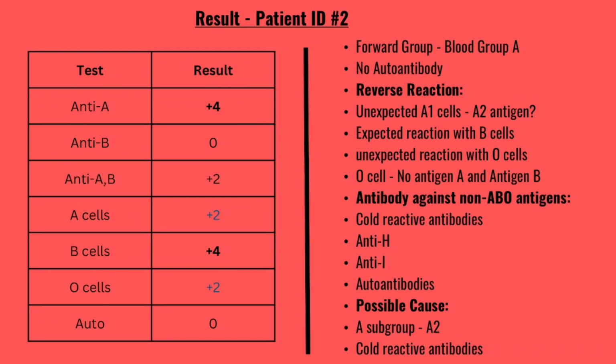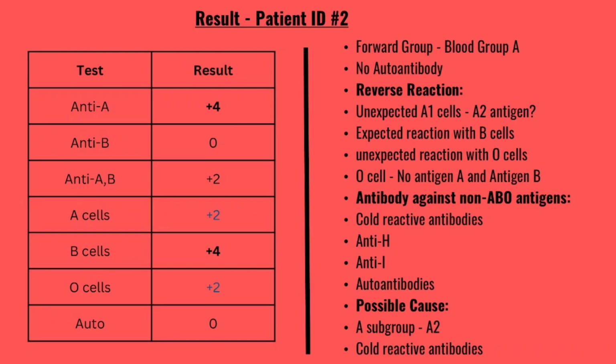And if so, the antibody may be specific to the A cells. Remember, the A cells you're seeing here are actually A1. I'm writing it based on how the person gave it to me, but ideally, this should be A1 cells. If that is an A1 cell and the person is A2, the person's antibody may be reacting with these very A1 cells. That is the likely cause.